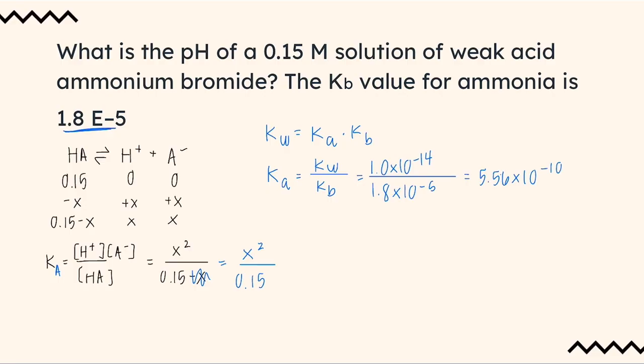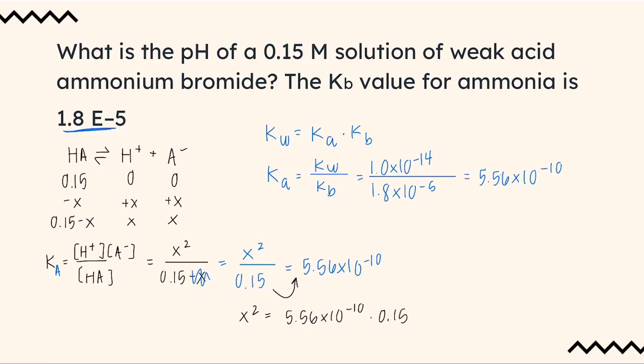I come down here and plug this in. I know that it's equal to 5.56 times 10 to the negative 10th. I'm going to have to multiply the 0.15 to the other side, so x squared is equal to 5.56 times 10 to the negative 10th times 0.15.